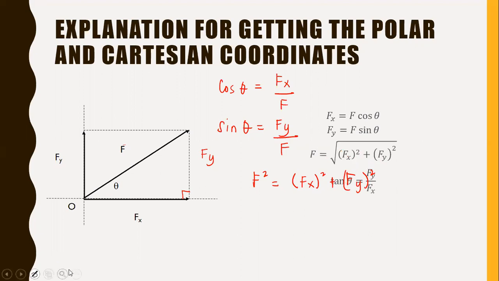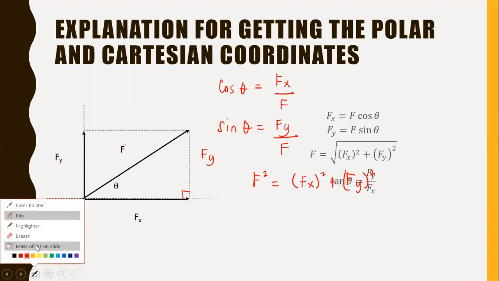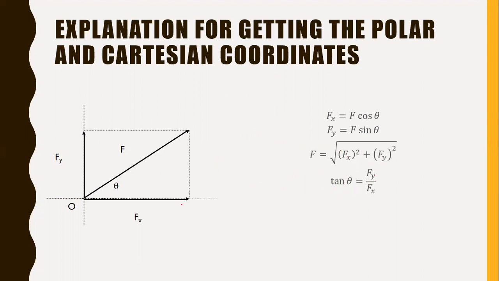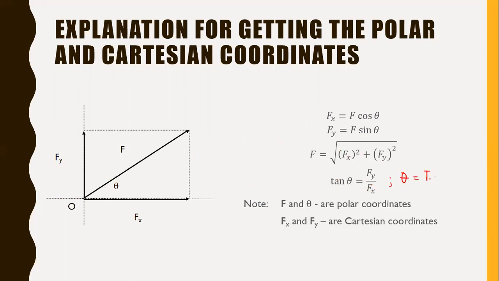Now for the tangent, to find theta, tangent theta is the opposite over the adjacent side. The opposite side is your Fy, the adjacent side is your Fx. Therefore, theta is equal to arctangent of Fy over Fx. Note, F and theta are polar coordinates. Fx and Fy are the Cartesian coordinates.